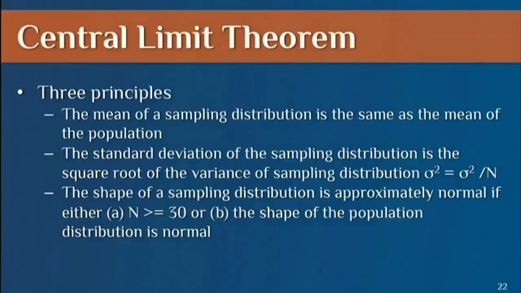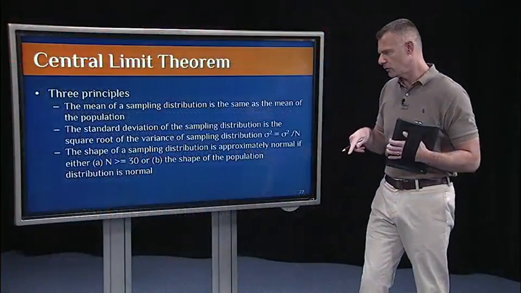And finally, this is a very important piece, the shape of a sampling distribution is approximately normal, either if we have sample sizes that are greater than or equal to about 30, or if the shape of the population distribution is normal.